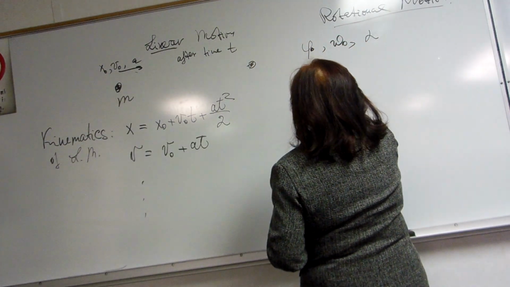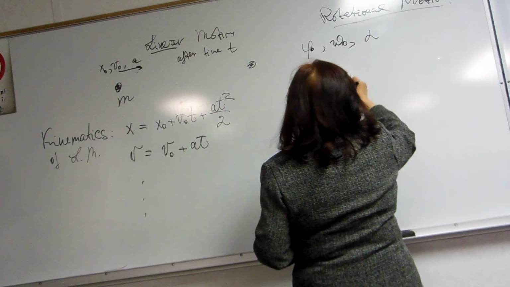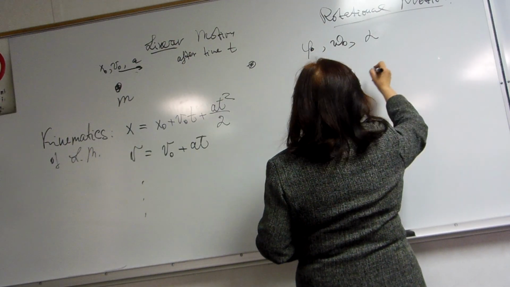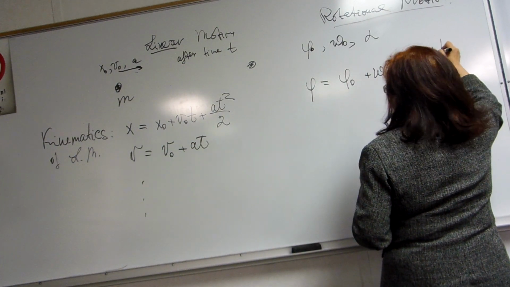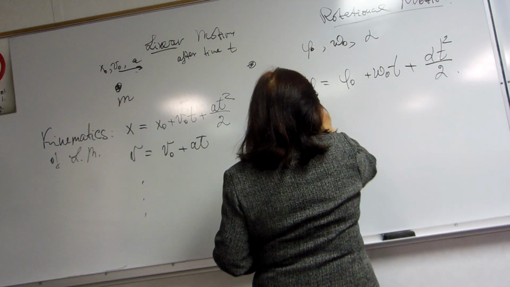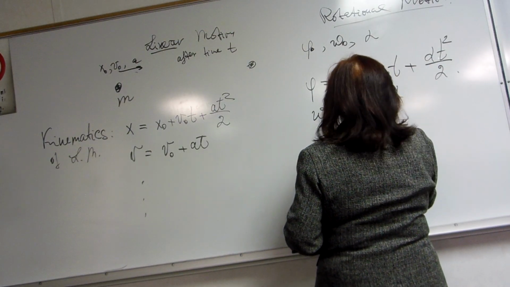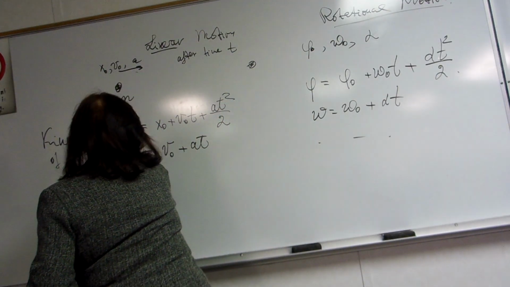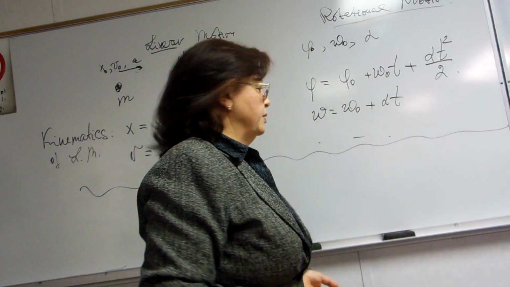For example, we can write that the final angle at which the object rotated after some time t would be the initial angular position of the particle plus omega 0 t plus alpha t squared divided by 2. For omega it would be omega 0 plus alpha t and so forth. So that is kinematics. We don't address what causes that particular motion.